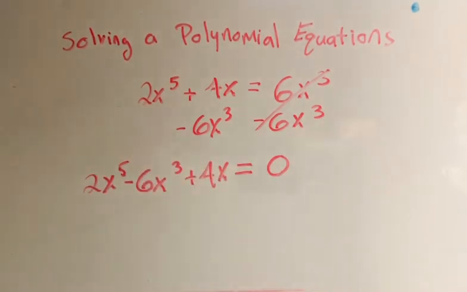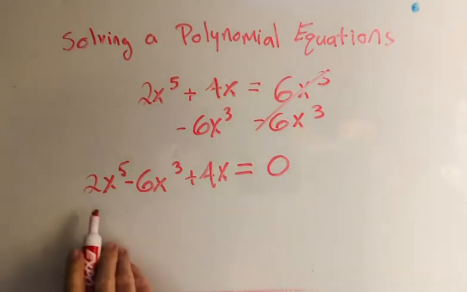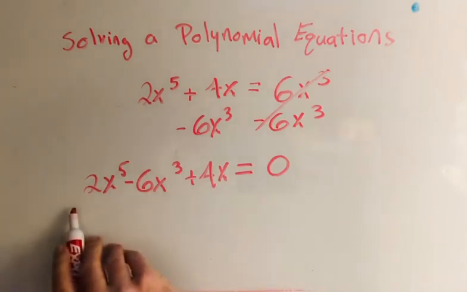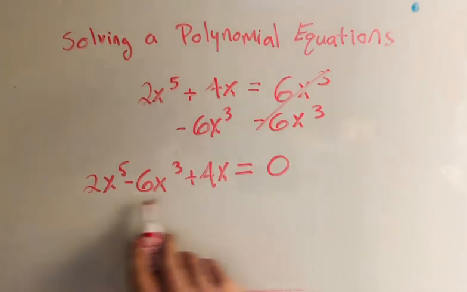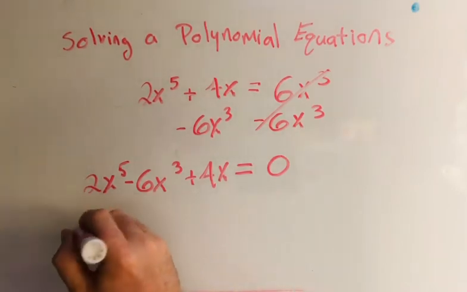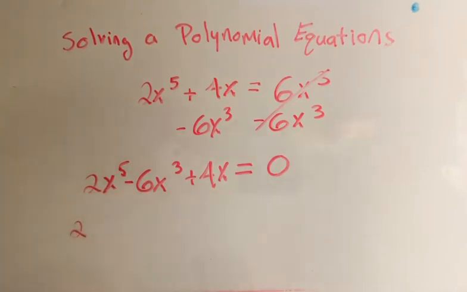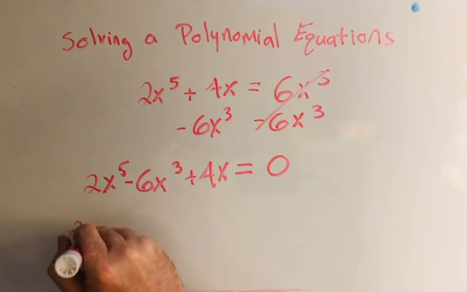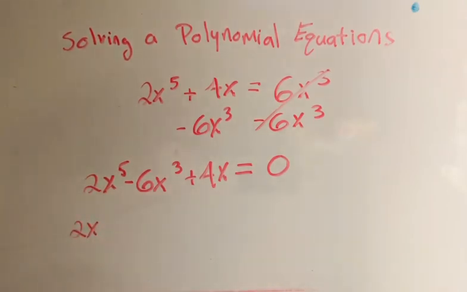Okay. Now the next thing I am going to do is see what I can factor out of all of these terms. They're all even numbers, so I can factor out a 2. And there's an x in every one of them, so I'm going to factor out an x.